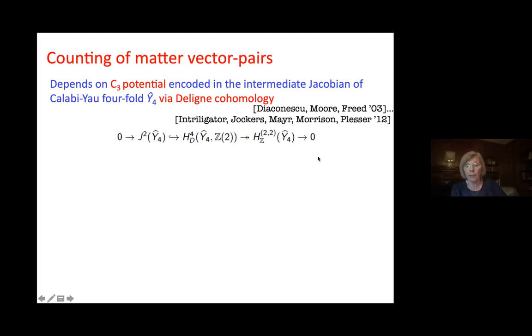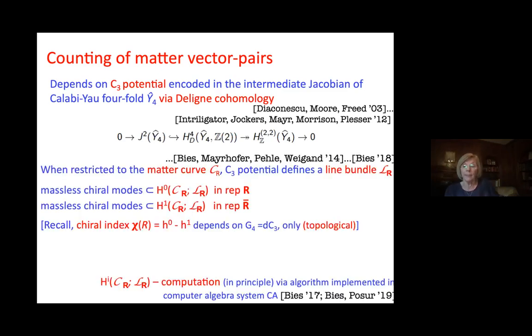This is a pretty horrendous expression, but the outcome of this analysis is that when the details of the C3 potentials are restricted to the matter curves, the C3 defines a line bundle on the matter curve, whose zeroth cohomology would be associated with the chiral matter in representation R of this matter curve, and first cohomology will be related to the complex conjugate representation.